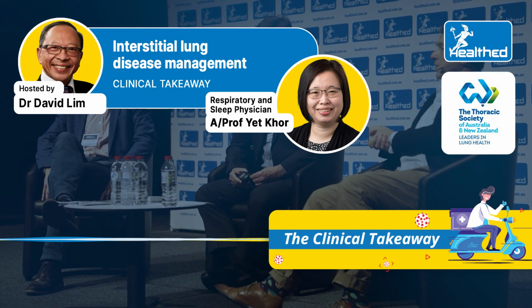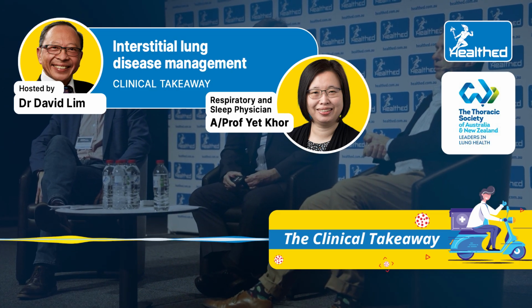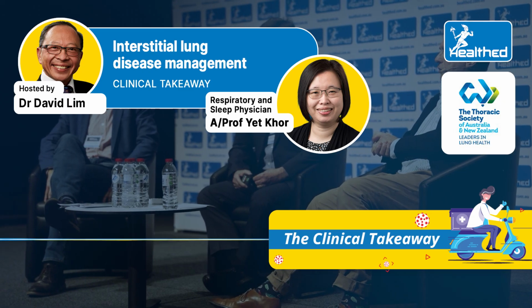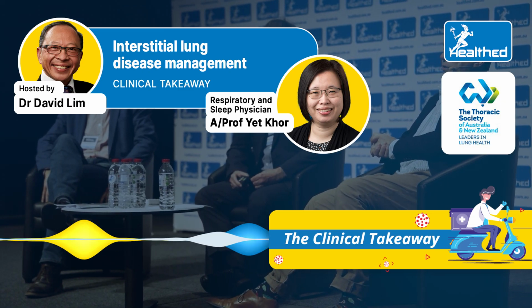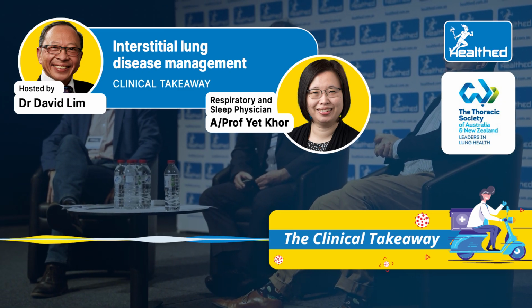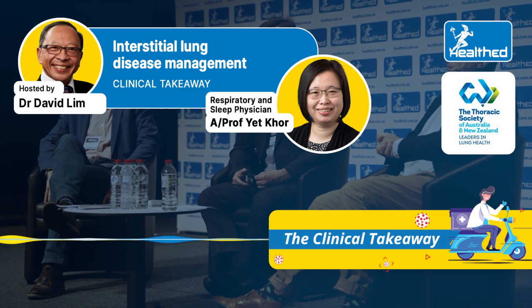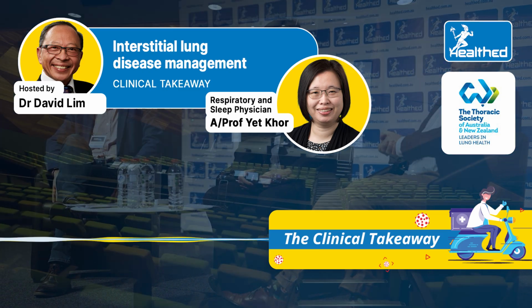And for idiopathic pulmonary fibrosis itself, every year we roughly diagnose about 2,000 new cases. So with aging populations, we are diagnosing more and more patients, and especially now we have easy access to CT scanners and things. So we are picking up more patients.